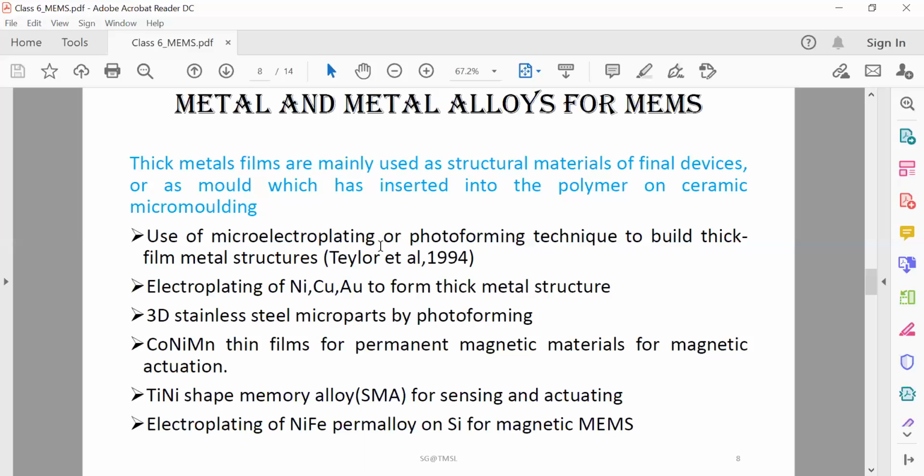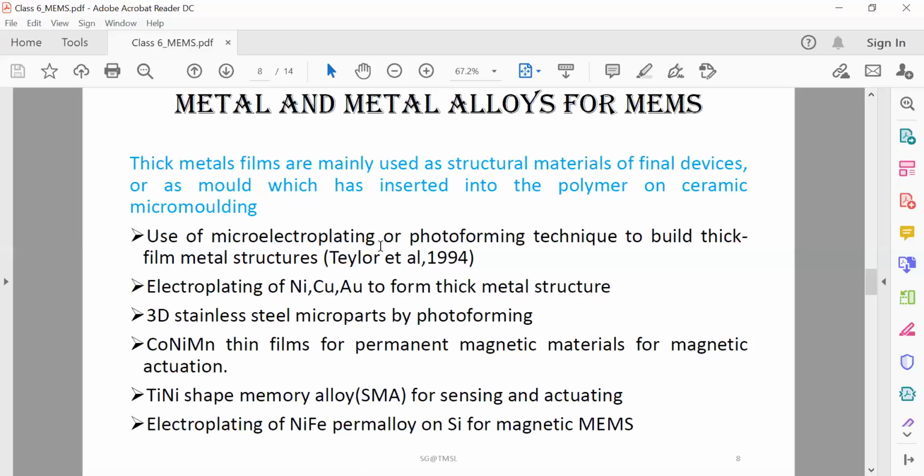Electroplating is another technique which is used for making thick metal films. Thick means several microns, maybe 20, 30, 40 microns, in the micrometer range.